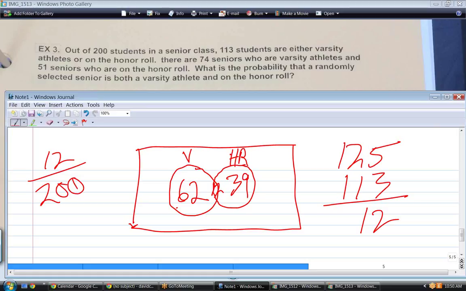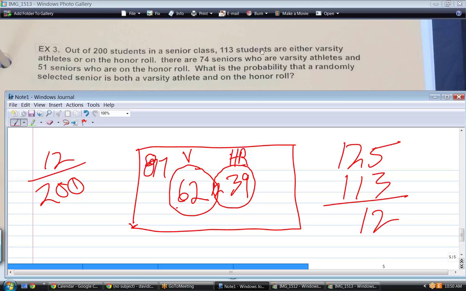So, the reason I drew a rectangle around this is because there's 200, so there must be 77 that are on neither. In other words, your totals have to total, not 77, 87.